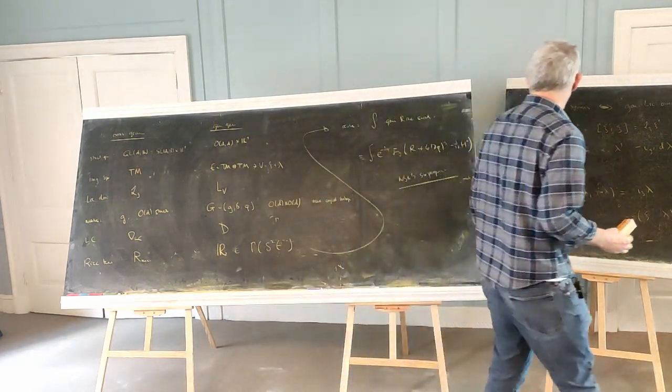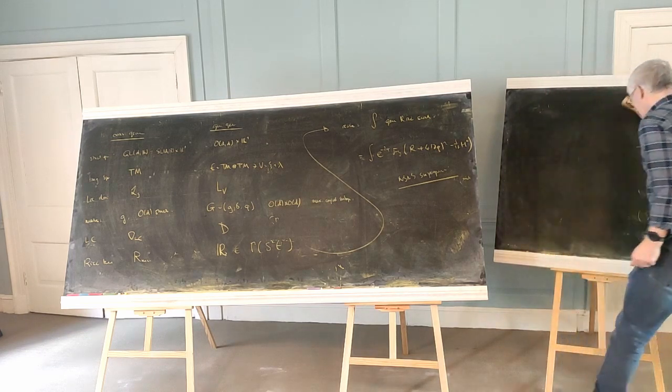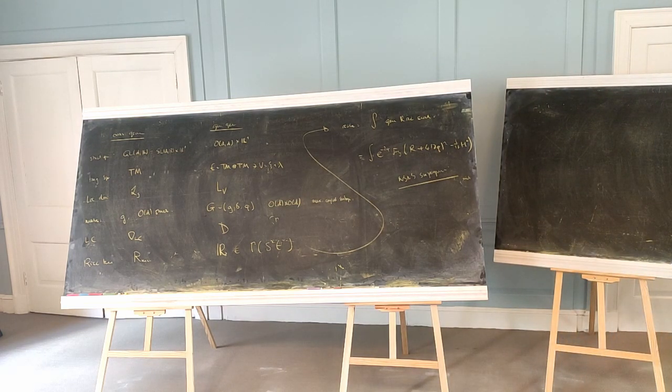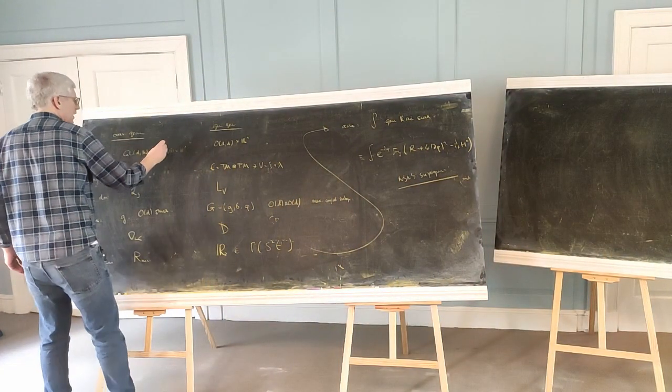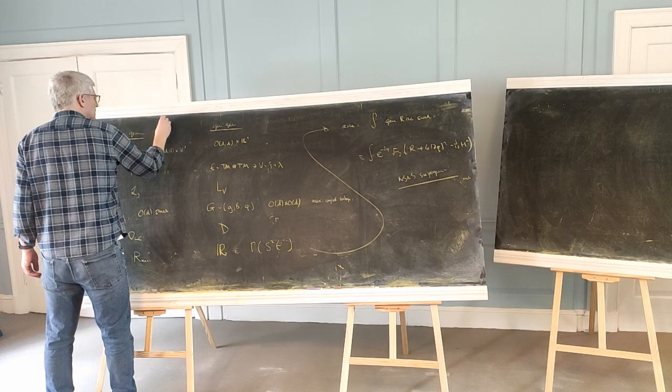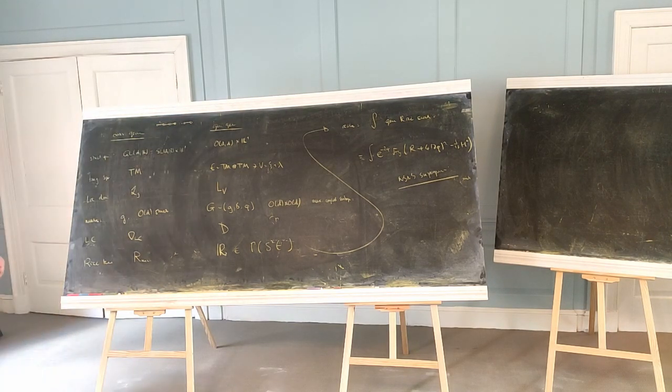Now, if you know your Lie groups, so this is SL, that's that Dynkin diagram, right?